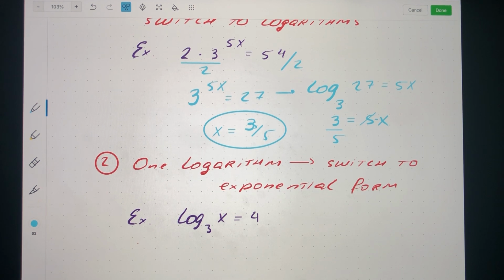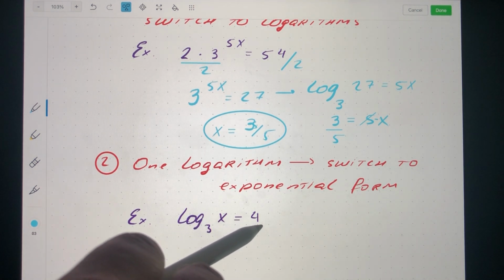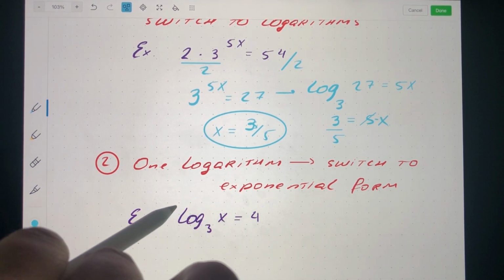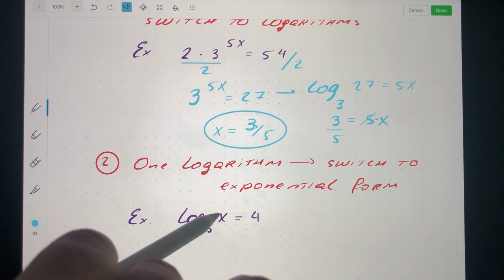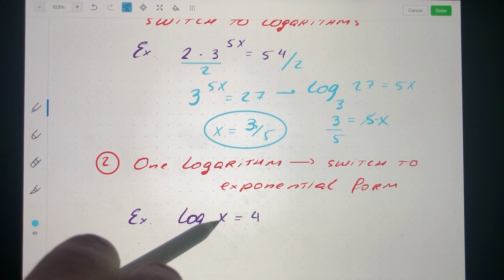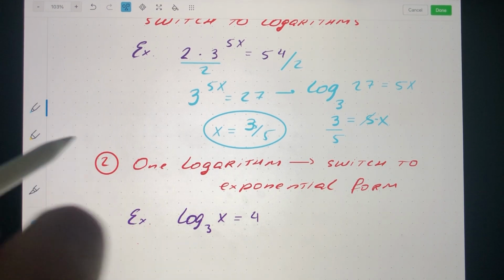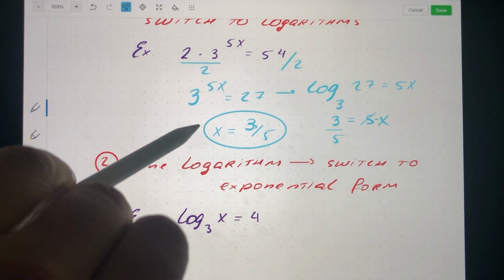Well, in that case, we switch back to the exponential because inside of our log there is an unknown and we can't put this in the calculator and get the answer because we're looking for this x. This x has to be out of the logarithms, and the only way to do that is to use exponents. So we reverse the same steps we just took.